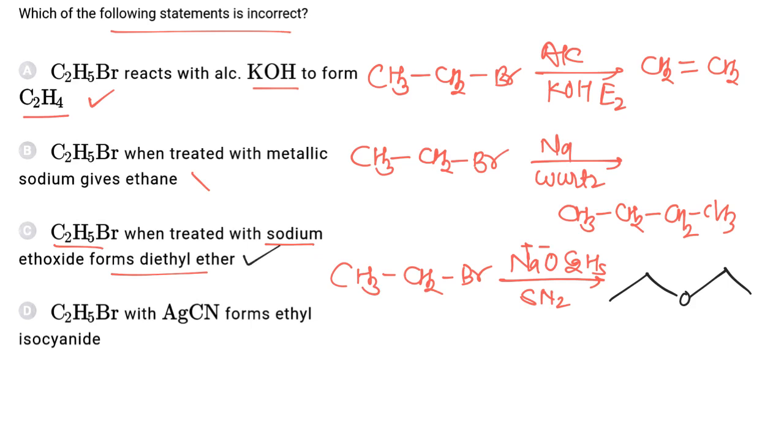In the fourth option, when CH3CH2Br is reacted with AgCN, AgCN is a covalent compound, so nitrogen will act as nucleophile and hence it will be converted to ethyl isocyanide, and hence option B is incorrect and the correct option is B.